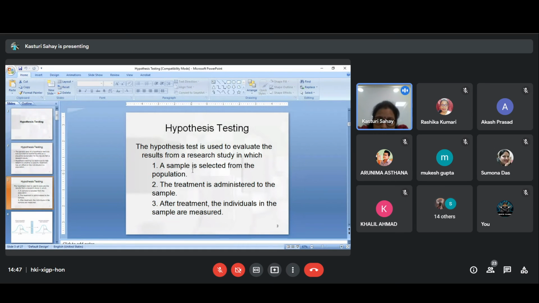So the hypothesis test is used to evaluate the results from a research study in which a sample is selected from the population as step 1. The treatment is administered to the sample, that is step 2, and then after the treatment, the individuals in the sample are measured. We select a sample, we do the experiment or the treatment, and then we study the result, which is then measured, right?